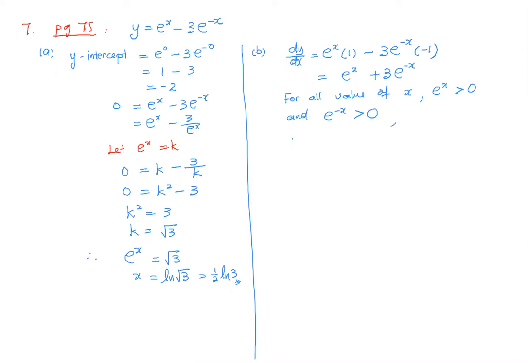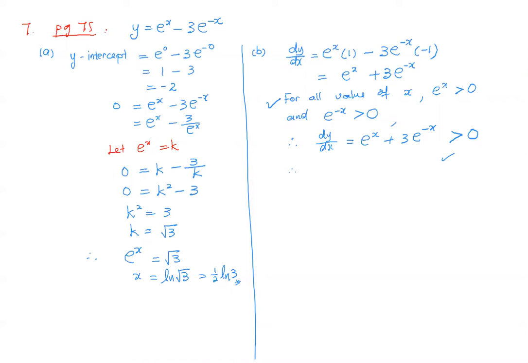So therefore, dy dx, which is e to the power x plus 3 times e to the power negative x, will be greater than 0. I will make this statement first, then conclude this statement. So therefore, proven it is always increasing.